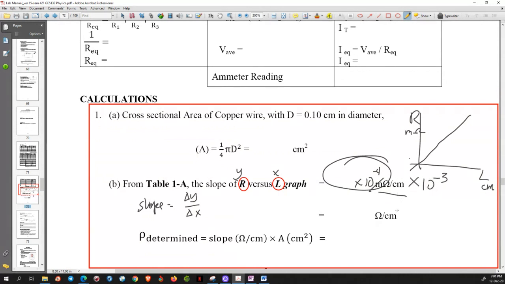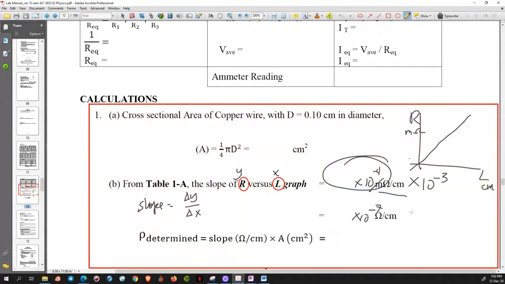You can divide by 1,000. But in this case, times 10 minus 4 is an exponent, so the easiest way to divide this number by 1,000 is simply to take minus 4 plus minus 3, so that this becomes times 10 minus 7. You do that in your mind. You don't need a calculator. Clear? In that way, you will have the slope times 10 raised to minus 7 ohm over centi.